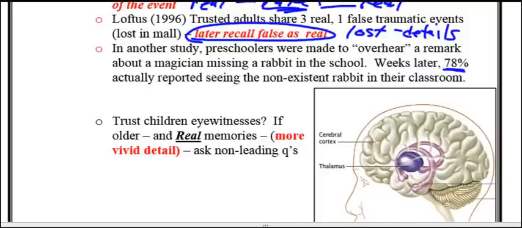So another longitudinal test: 9th graders were interviewed about their attitudes and activities and experiences. 35 years later, they were asked to recall their experiences and their attitudes and their activities.